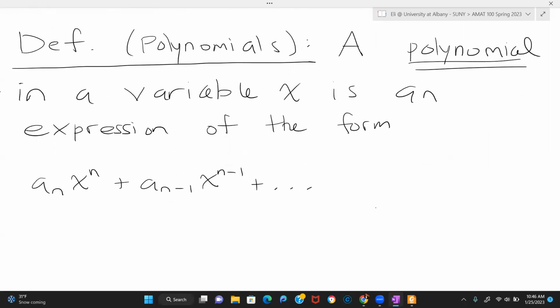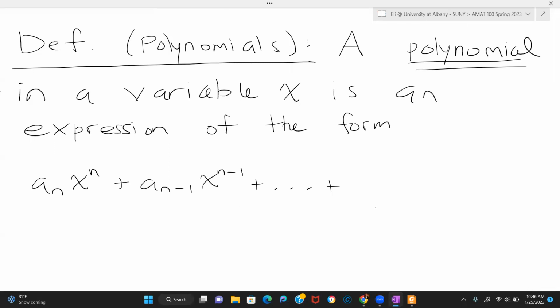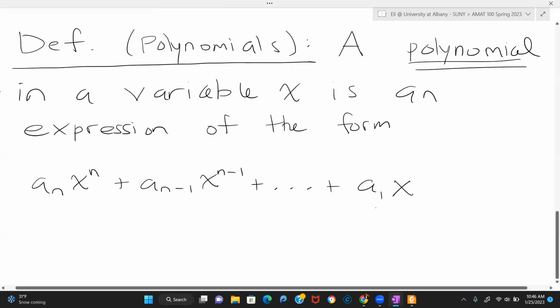And then there's some intermediate terms, so we just omit them and use these ellipsis marks to indicate that there are more terms here. And so this sum starts at a_n x^n, and it works all the way down to a_1 x^1, but we're just going to omit the power 1.